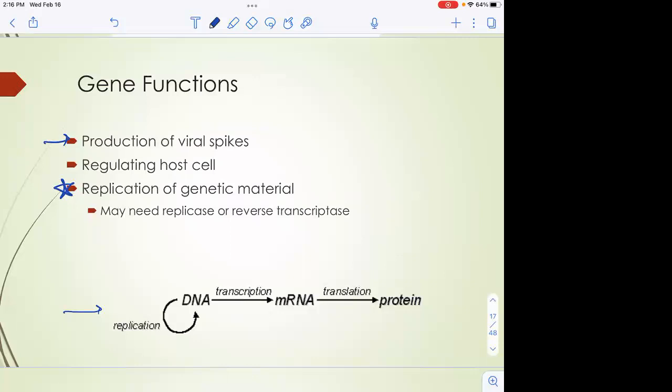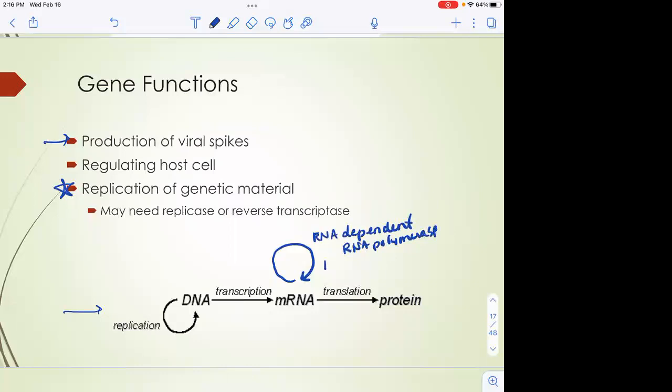But maybe you've got an RNA virus. If you've got an RNA virus, they're going to need to have some way to replicate their RNA, right? We never make RNA from RNA. We always make RNA from DNA. So they may need some kind of RNA dependent RNA polymerase.